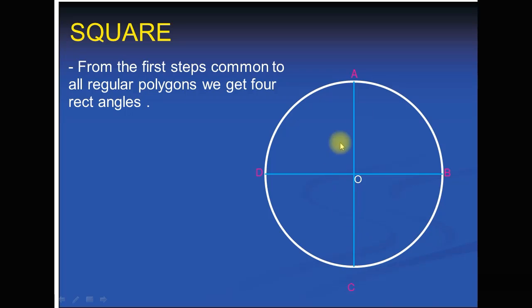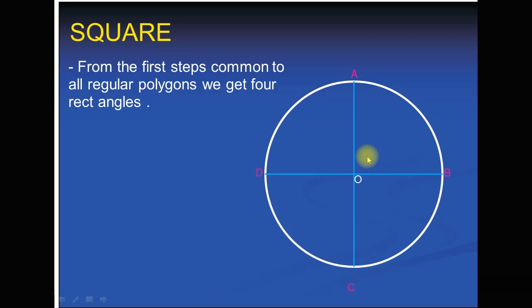So these steps are common. We will draw these steps for each type of polygon. So from the first steps, which are common to all regular polygons, we get four right angles, like 90 degree angles.